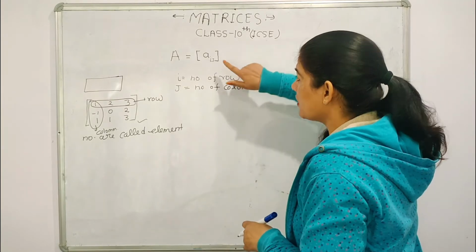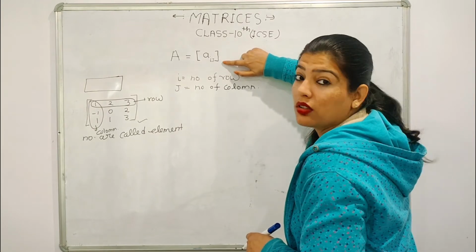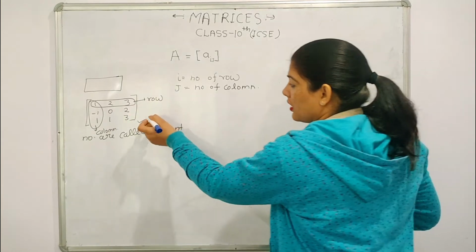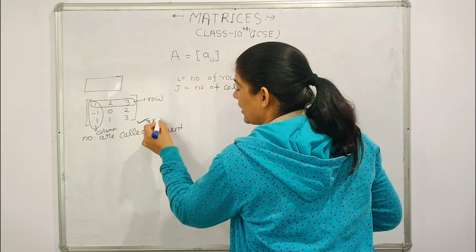And we have to write the order of the matrix here. So what is the order of this matrix?